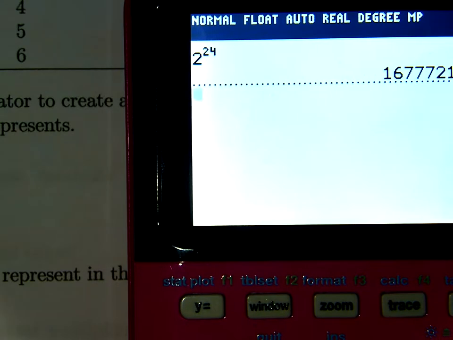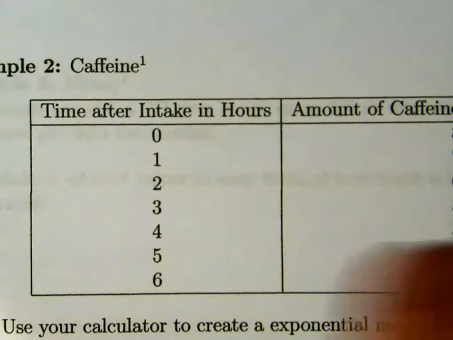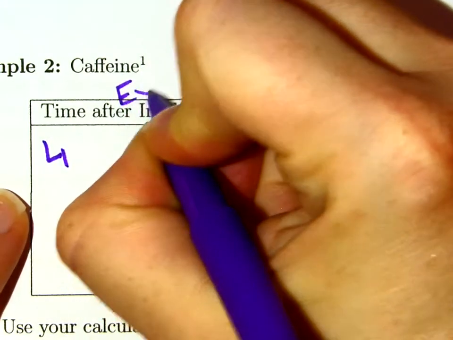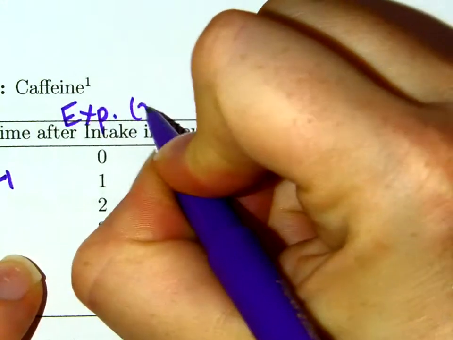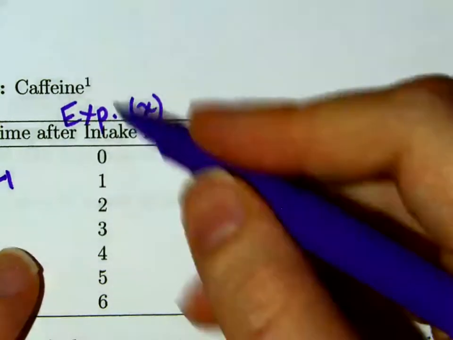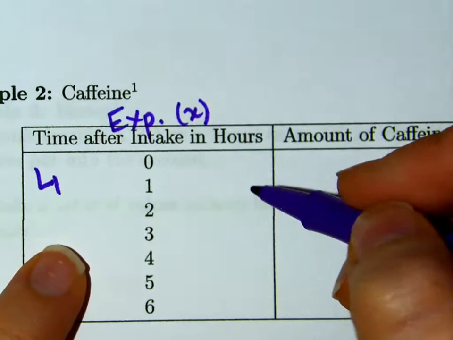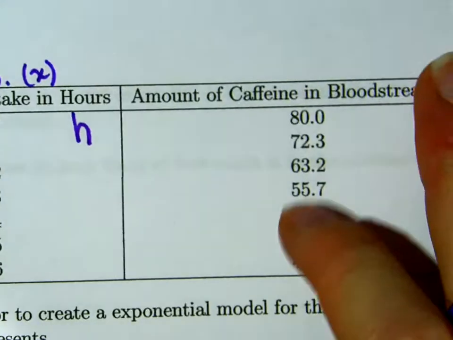Ooh, we have to make a couple decisions. My first decision needs to be that this is independent, and this is my explanatory variable. So I'm going to put this into list 1, and this is going to be my explanatory variable, also known as x's. But I'm not going to call it x's. I'm going to call it h for hours again.